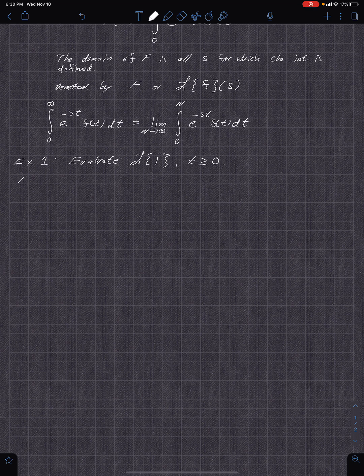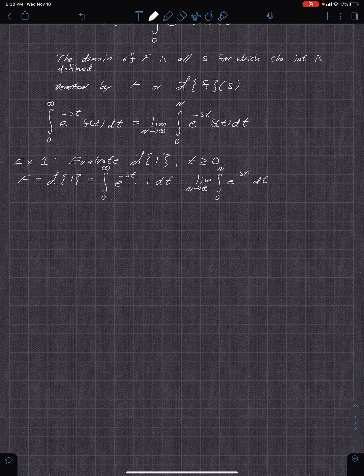So L of 1 is the integral from 0 to infinity of e to the negative st times 1 dt. So then you say it's the limit as n approaches infinity of the integral from 0 to n of e to the negative st dt.